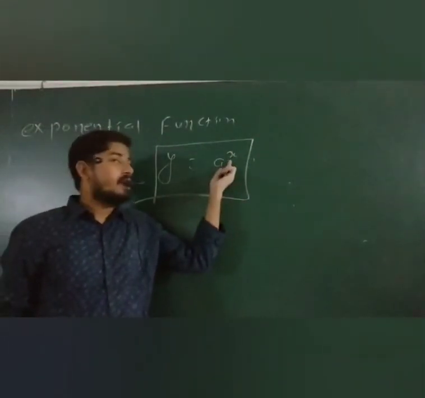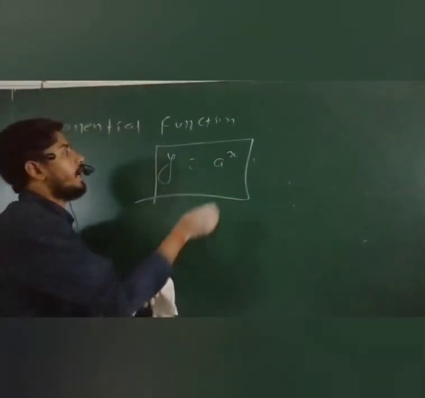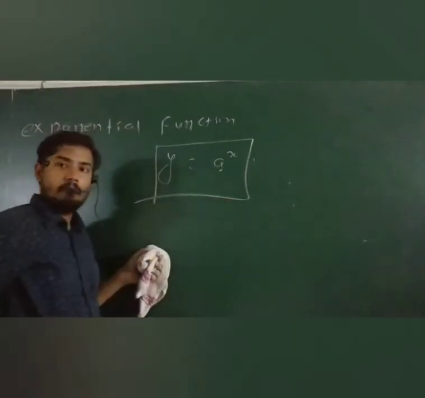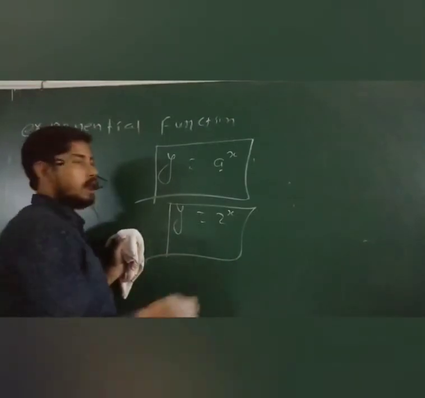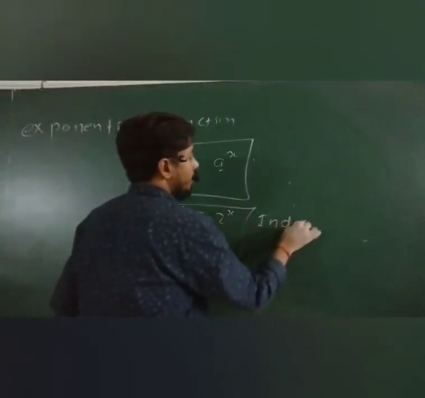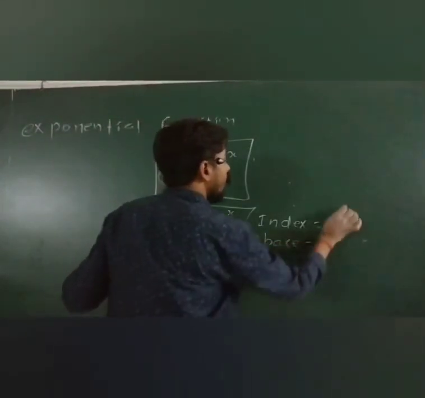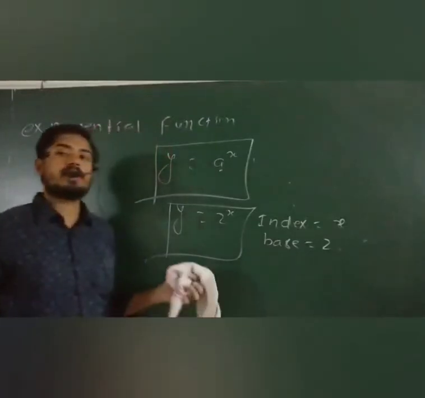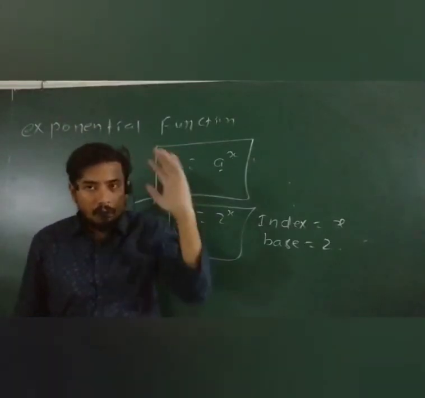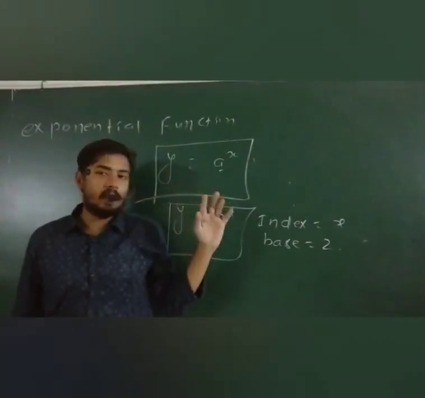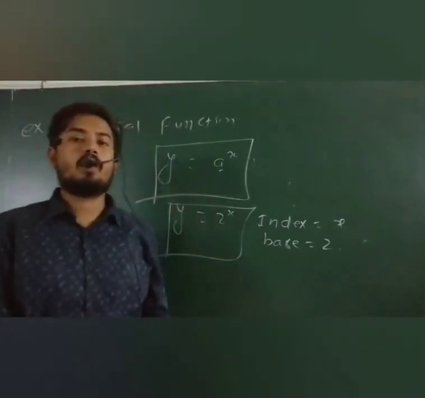A constant base with a variable power is called an exponential function. This is called index or power. This is called base. Like y is equal to 2 power x, this is an exponential function. So the index is x and the base is 2. So this is called an exponential function, right? Again I am telling you, the graph of every function I will take when differentiation is finished, then I will teach you the graph of each function correctly. Done buddy? Okay, see the next one.